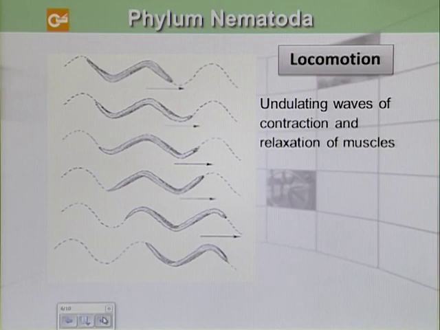And we can also note here that these longitudinal muscles pull against the cuticle and the pseudocoel, which acts as a hydrostatic skeleton, और जो pressure exert करते हैं, these muscles exert pressure, cuticle पे भी pressure exert करते हैं और pseudocoelom पे भी pressure exert करते हैं. तो due to this, as a reaction of this they actually move, or locomotion exists.